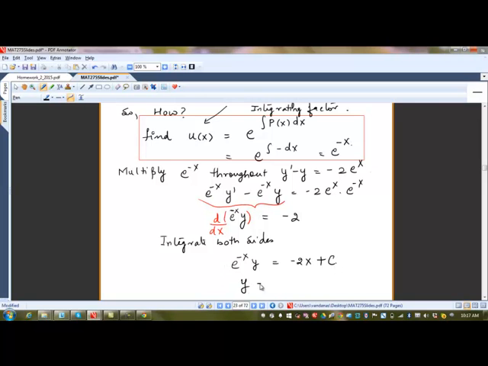So y turns out to be minus 2x e to the x plus c e to the x. Yes, you have a question? The reason we didn't put the c when we integrated the integrating factor is because it would eventually combine with the c again. So just ignore the constant in the integrating factor, and put the constant right up here.